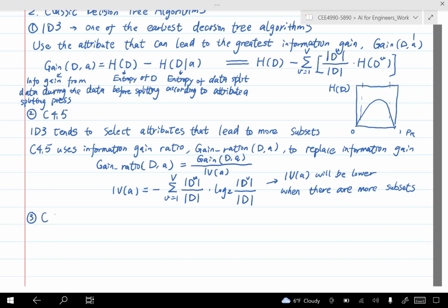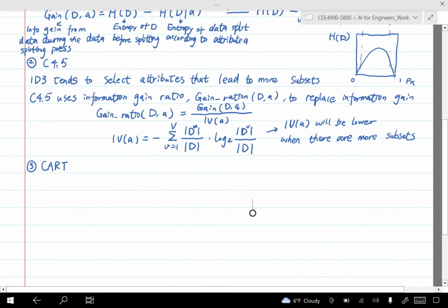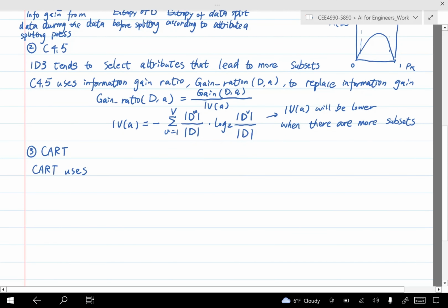And there's another algorithm called CART. This is actually what you can find in scikit-learn for decision trees. This one uses another parameter to quantify how fast the uncertainty or the chaos in the information will drop, or how fast we can gain information from the data splitting process.